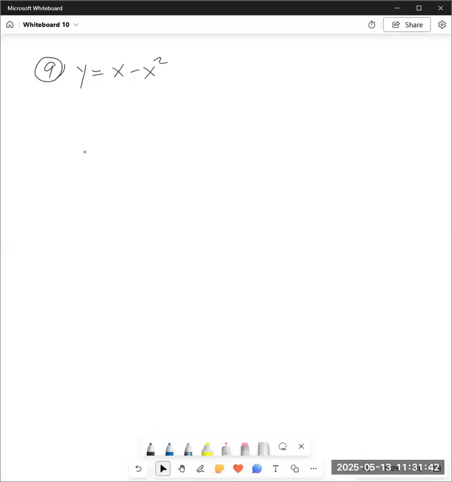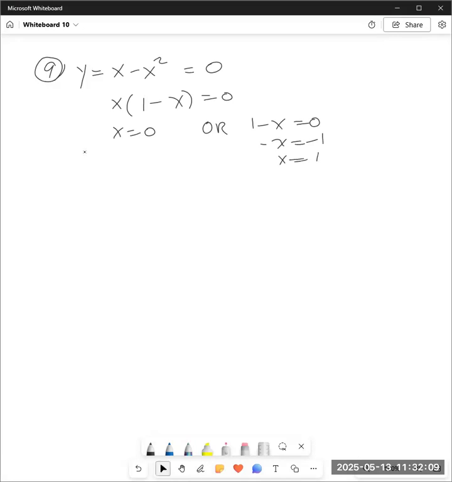We want the area between this curve and the x-axis, y equals 0. So I'm going to set this equal to 0 and solve. x times 1 minus x equals 0, x equals 0, or 1 minus x equals 0, negative x equals negative 1, x equals positive 1.